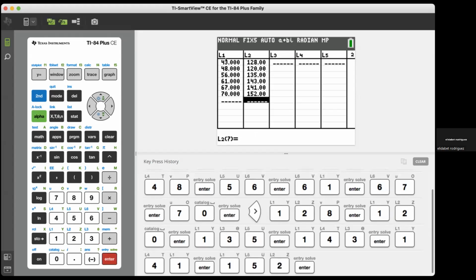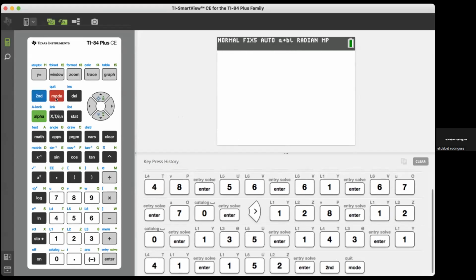So I enter all the X values in list 1, all the Y values in list 2. Okay, then I'm going to quit from this window, second quit. Then I'm going to go to, do you see on the top row, you see Y equal, the gray buttons, Y equal, window, zoom, trace, and graph. Above the first one, Y equal, you see scatter plot, correct?